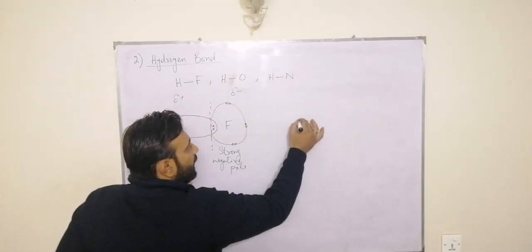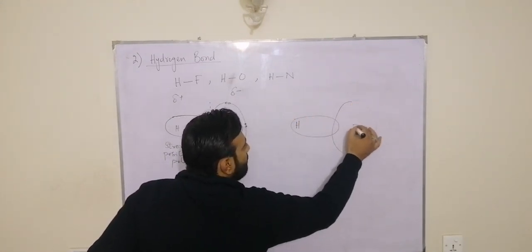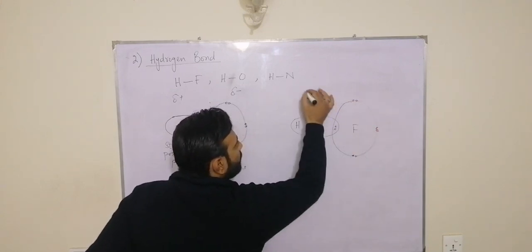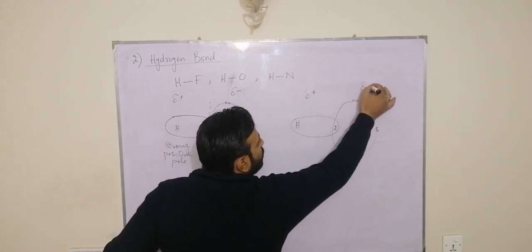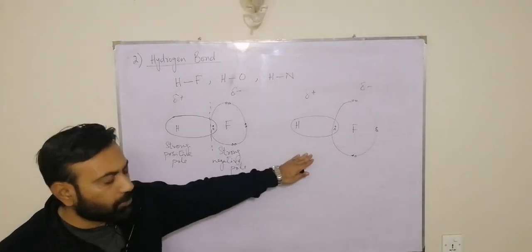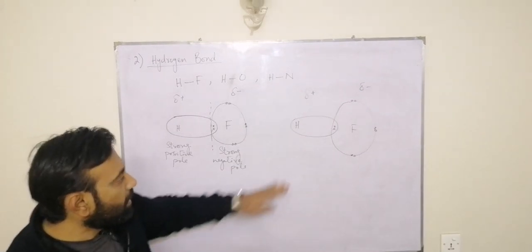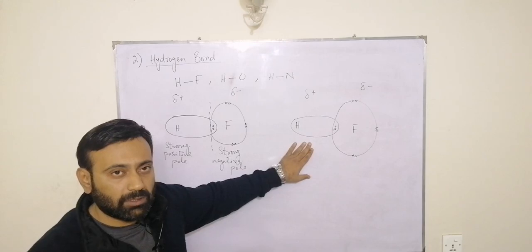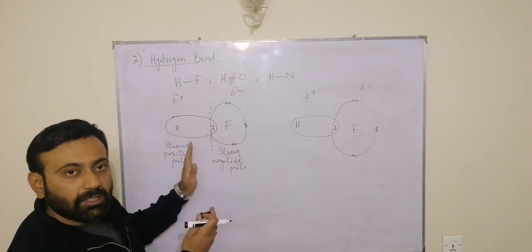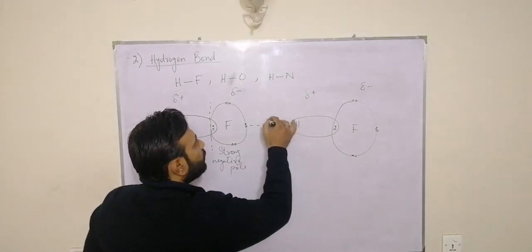So if we have another molecule of hydrogen fluoride, it will have the same partial positive and partial negative charges. It will have a strong positive pole and a strong negative pole, and the force of attraction between this strong positive pole, which has to be hydrogen, and the lone pair of this strong negative pole is called hydrogen bond.